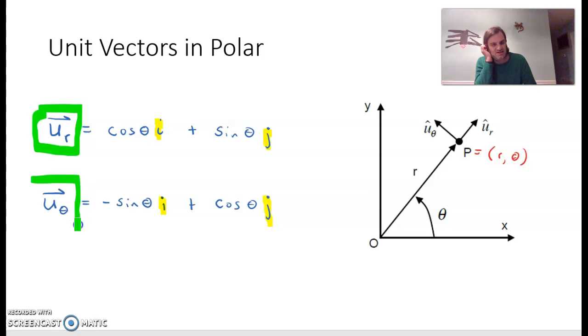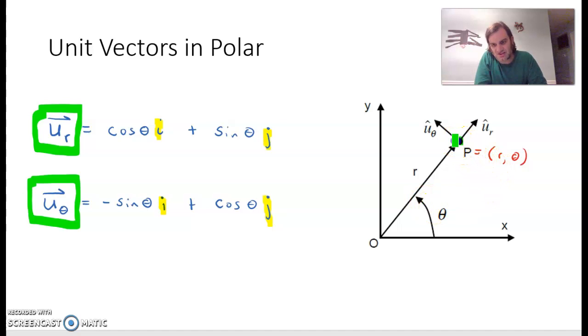So we're building x and y directions using sine and cosine functions. So we have a unit vector up top here for the radius and a unit vector for the angle on the bottom. So over here on the little graph, we see x, y, and we see that we could have a radius and an angle.